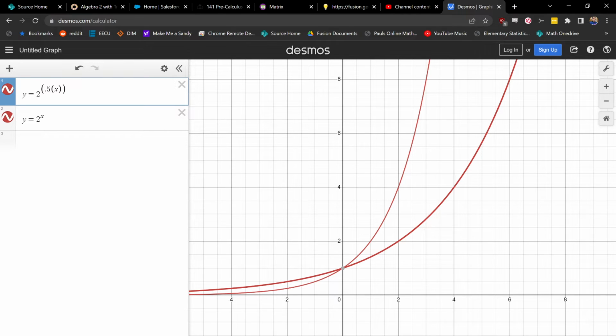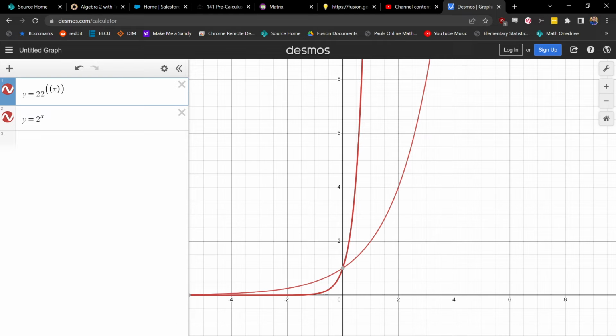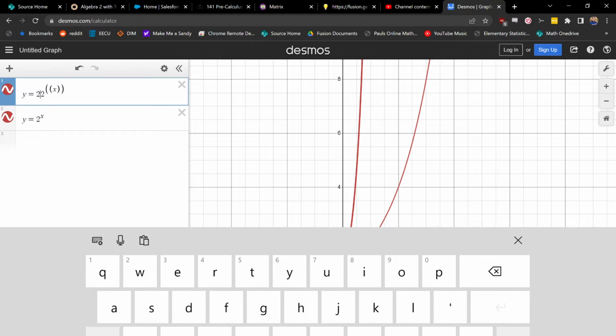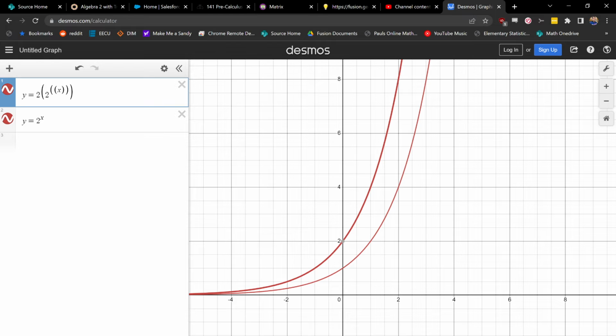Whereas if we go to the stretching on the outside and multiplied that by 2 instead, there we go.